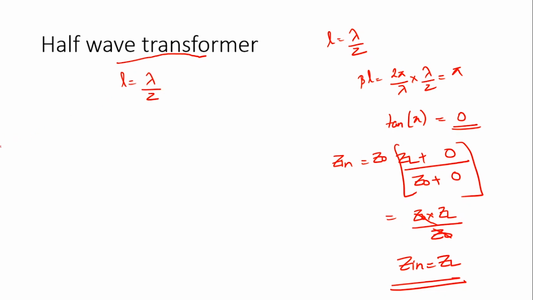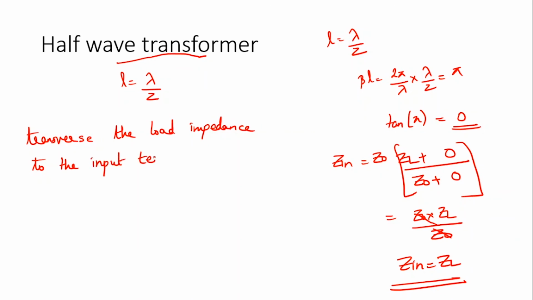So a half-wave transformer transfers the load impedance to the input terminals without any change. So this is the proof.